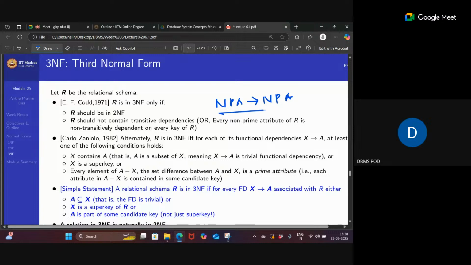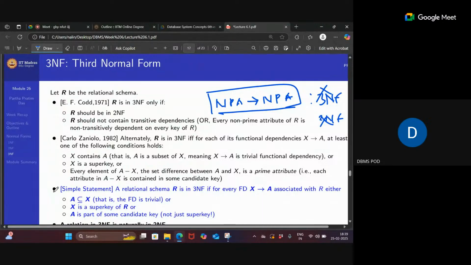We will see how we get that dependency. If we have this kind of dependency, then this schema won't be in 3NF. First it should be in 2NF, meaning no partial dependencies, and it should not have transitive dependencies either. That means a non-prime attribute should not determine a non-prime attribute.